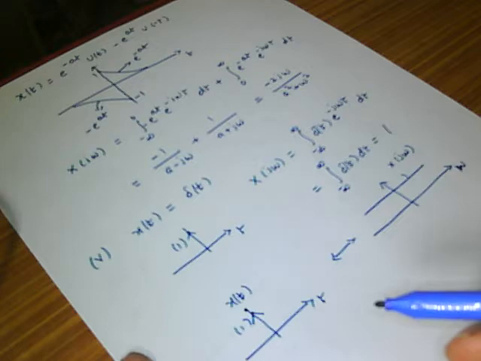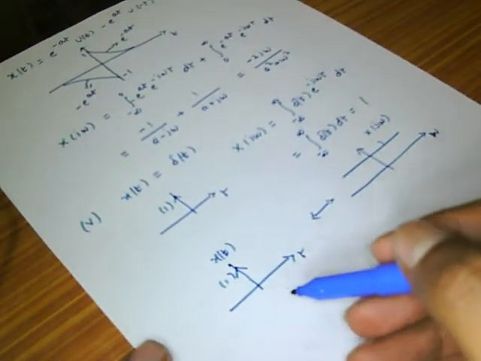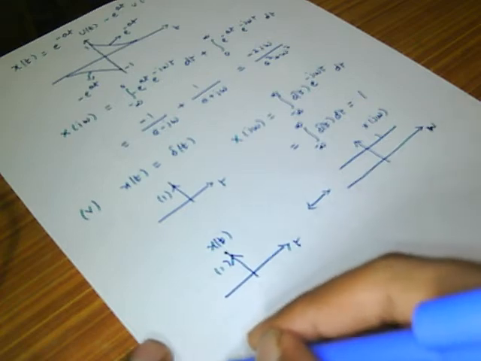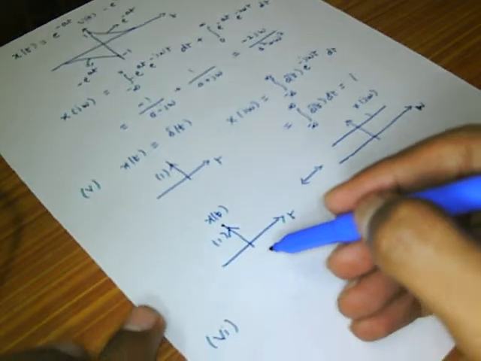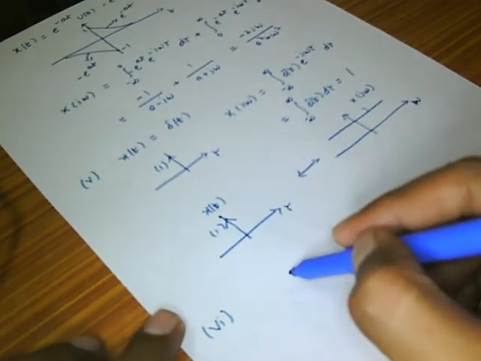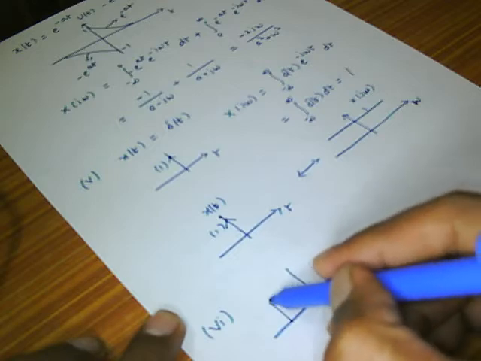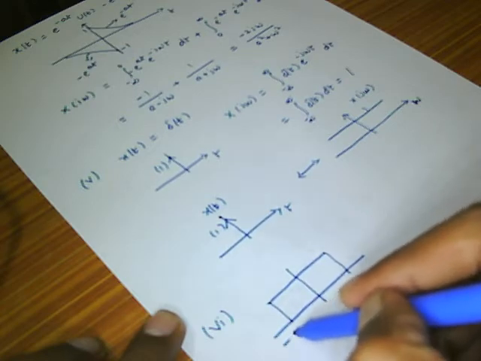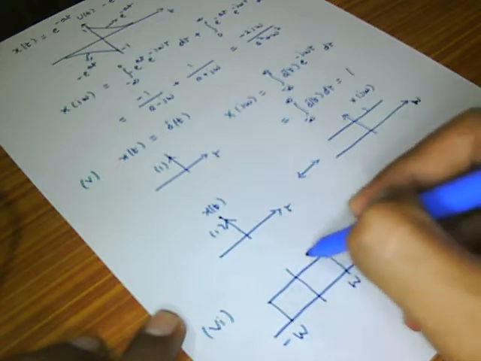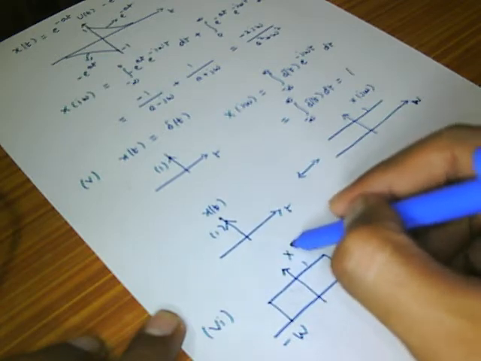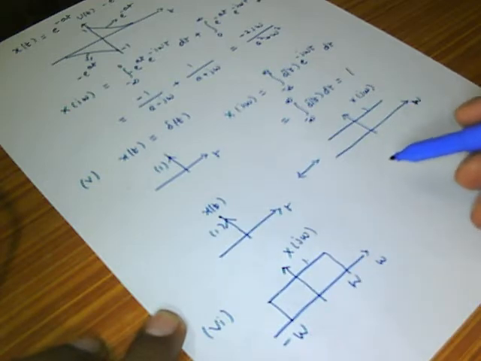So next we move on to a simple example for inverse Fourier transform. So for example, if we are given that the Fourier transform of a signal is like this, it is minus w to plus w with an amplitude of 1, we are interested in finding its inverse Fourier transform or the time domain signal.